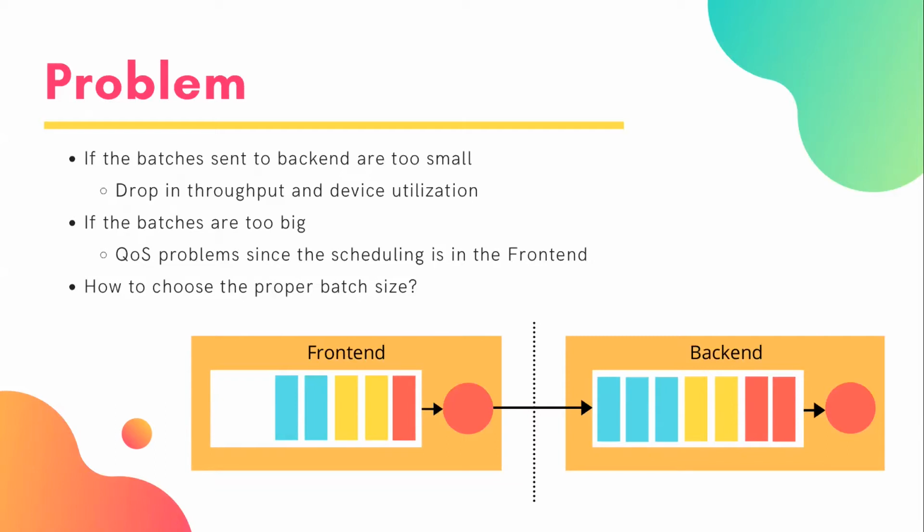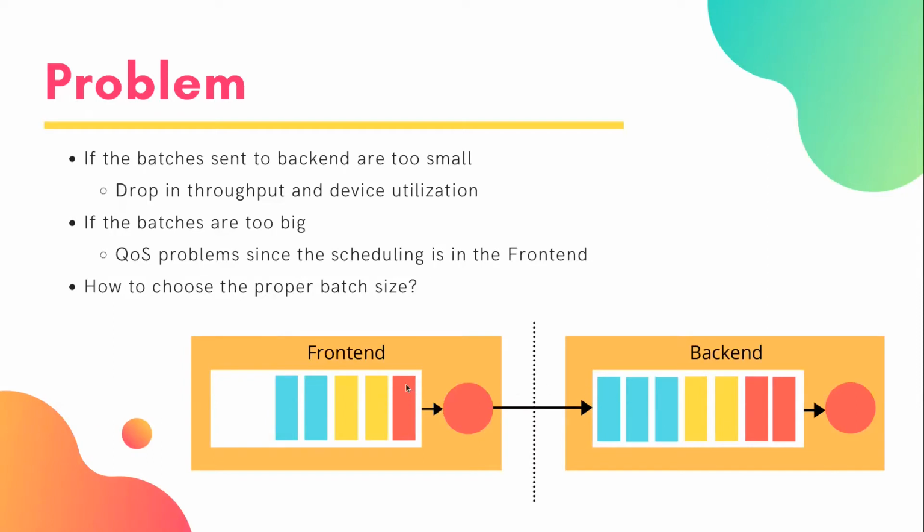In the picture, you can see a few requests in the front end and backend. The red ones are the requests with very high priority, the yellow are medium priority, and the blue ones are the low priority. When a front end submits a batch, every request that comes to the front end should wait until this batch is done.